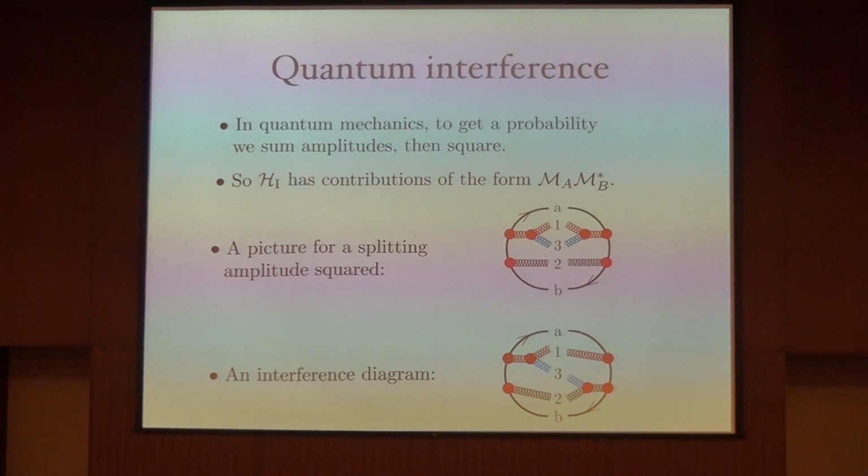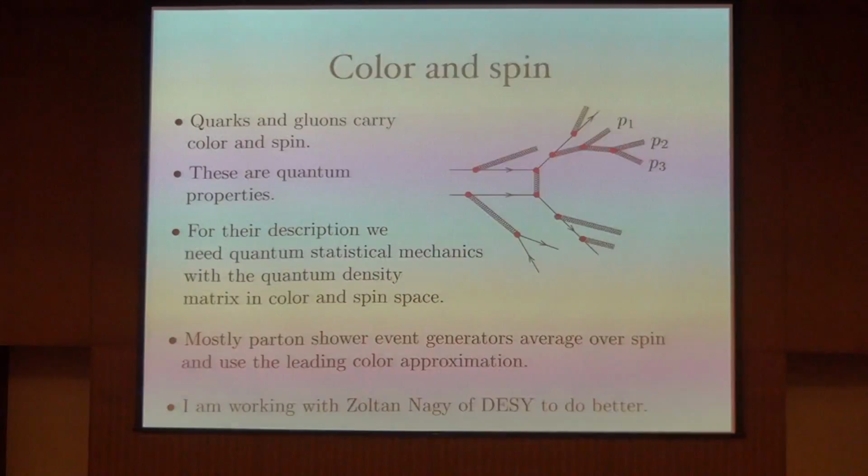It's the same thing. So here is the probability squared amplitude for a gluon to split into 2. But there's also interference that's an interference diagram. And that's in the dipole picture. Those are the diagrams you need.